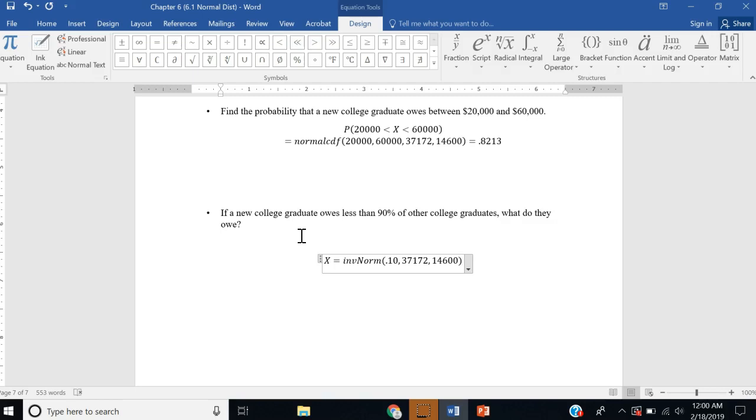Put that in, and we see in order to owe less than 90% of everybody else, you have to get out of college with $18,461.35. So if a new college graduate owes less than 90% of other ones, then they owe about $18,461.